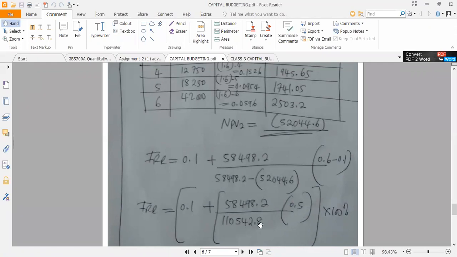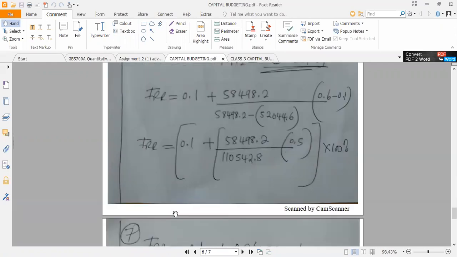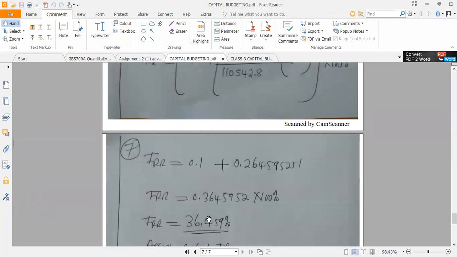So whatever we do here, the numerator for this one, 58,498.2 divided by 110,542.8. Whatever we get here, you multiply by 0.5, then plus the 0.1, then everything in brackets here, we multiply by 100%. Our internal rate of return, we're getting 36.459%.